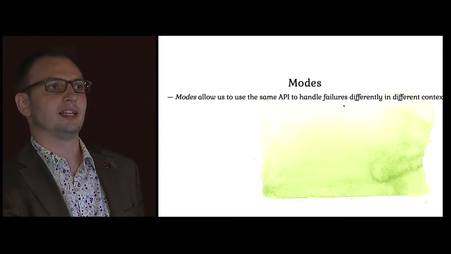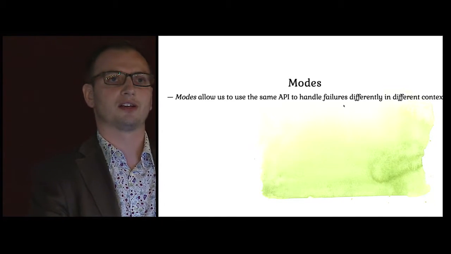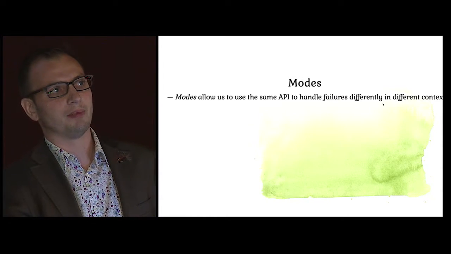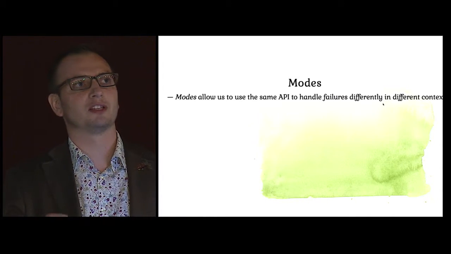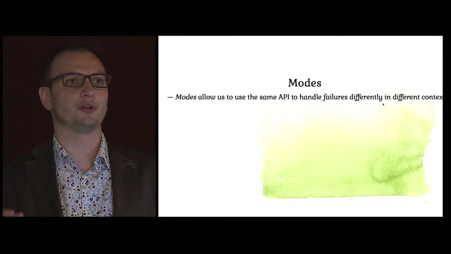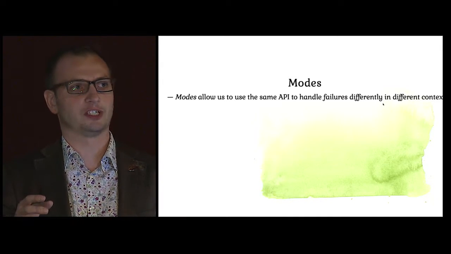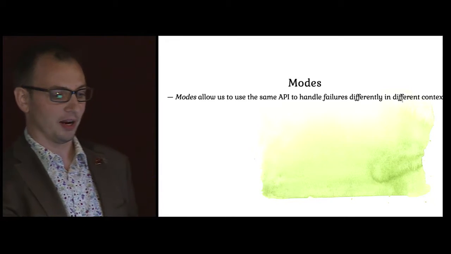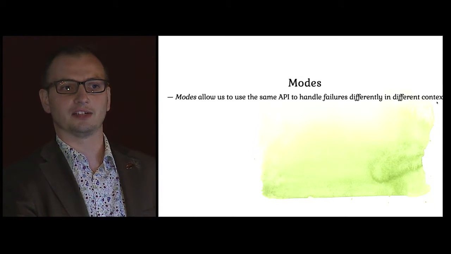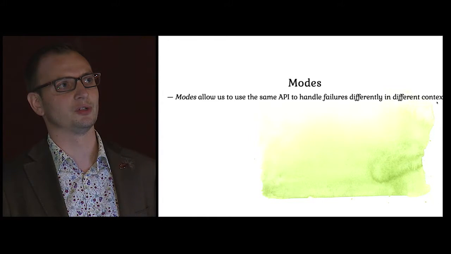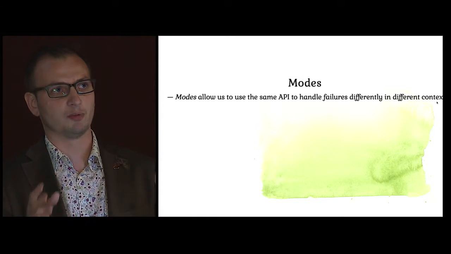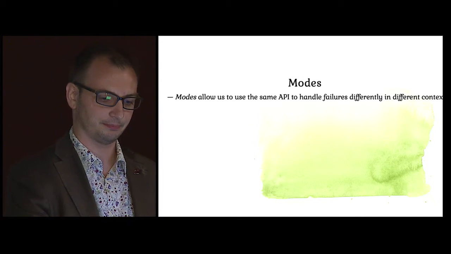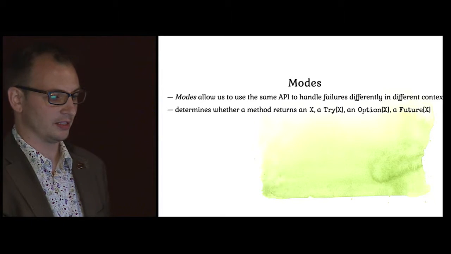Handling failures, well these are exceptions or exception-like things. And handling them differently, by that I mean, for example, capturing them in a try, or in a future, or perhaps just returning an option rather than the actual value. And by different contexts, I mean in different scopes. So being able to specify the scope of your code in which a particular mode applies. So here's some examples.